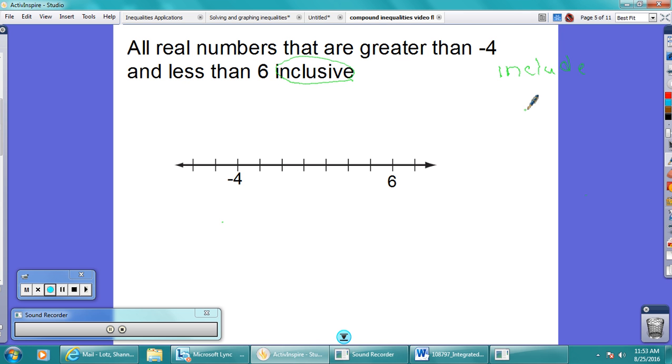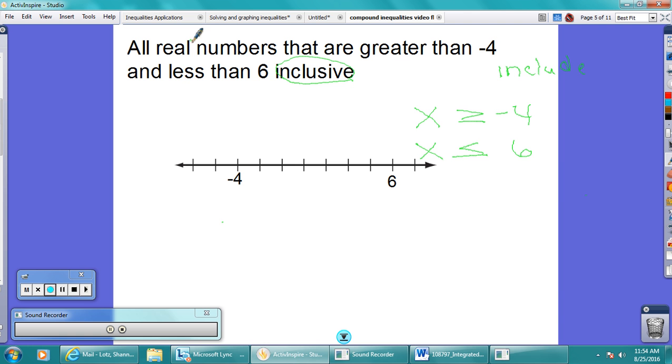So if the first one is all real numbers that are greater than -4, if we're including -4, we must draw the line underneath. And less than 6, we're including 6, they're both inclusive, so this means greater than or equal to, so we're just adding the equal to sign.